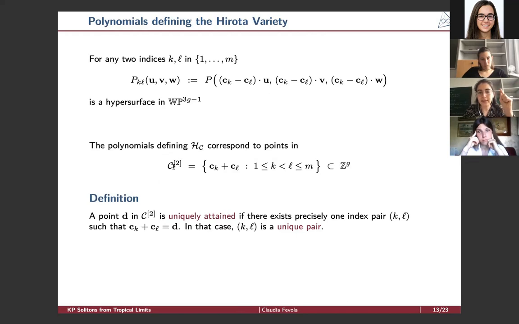And this set C2 is given by all the possible sums of distinct elements in the Delaunay set C. In particular, we say that a point D in C2 is uniquely attained if there exists just one pair KL such that the element in C2 is attained. And in this case, we say that KL is a unique pair.